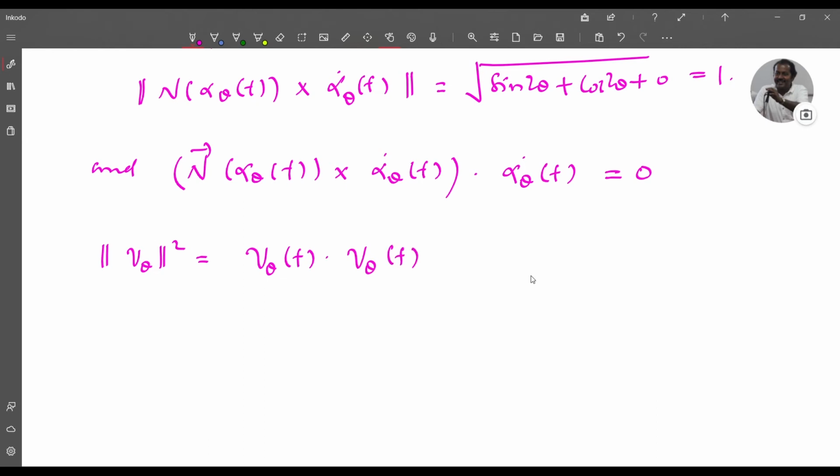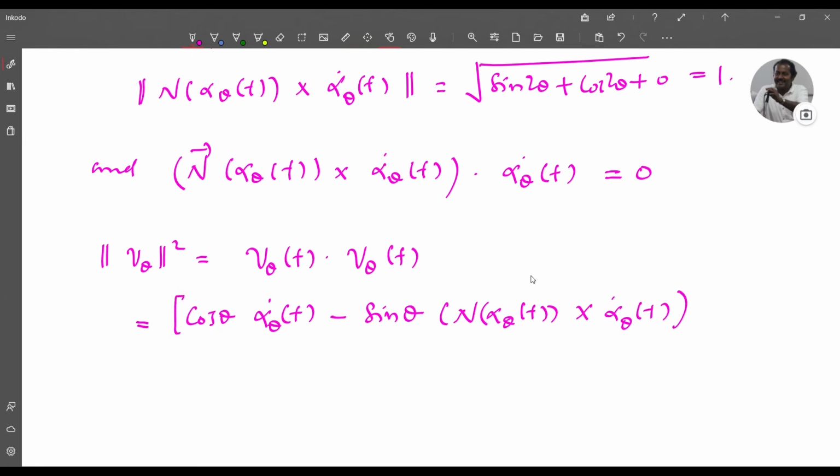By definition, we have assumed that v theta of t is cos theta into alpha theta dot of t minus sin theta into n of alpha theta of t cross alpha theta dot of t.